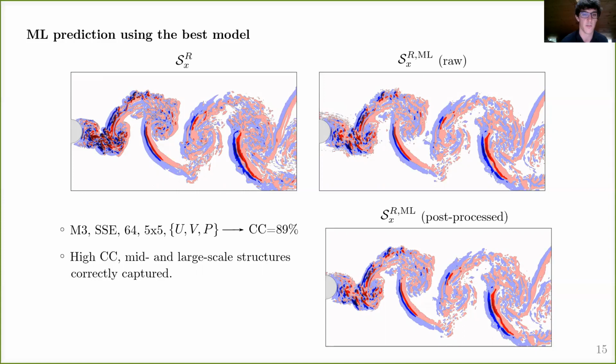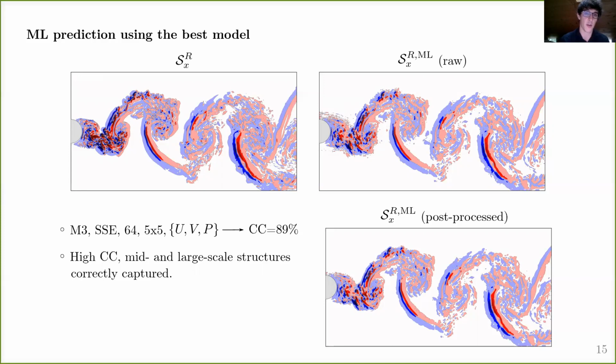And finally, we use here the primitive input set, just because it was providing the same kind of correlation as the gradient input set at a lower cost, because we had fewer input branches. So with this, we were obtaining 89% correlation between target and predicted fields, which we were very happy about.